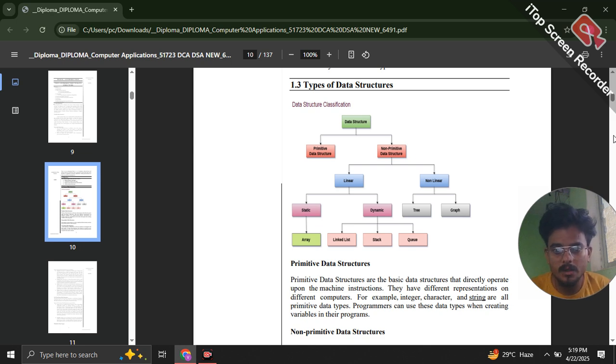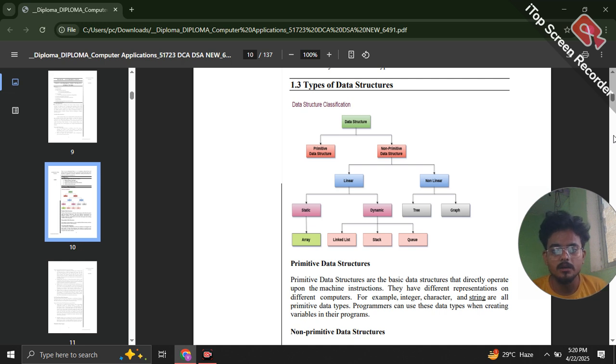Okay, so these are machine instructions. They have different representations on different computers. For example, integer, character, string are all primitive data types. Programmers can use these data types when creating variables in their programs. For example, if you have read a programming language before, then you might have heard about variables, like string, boolean.